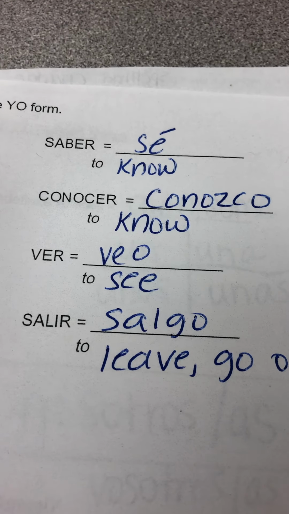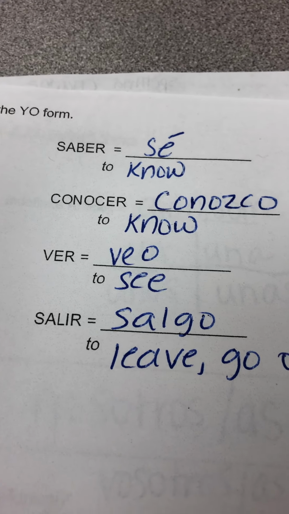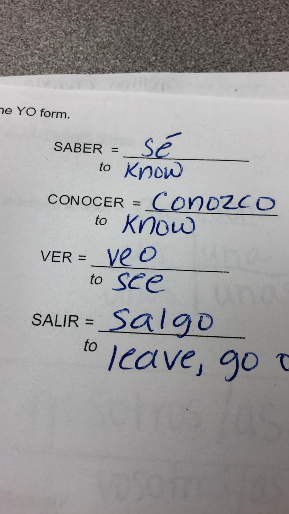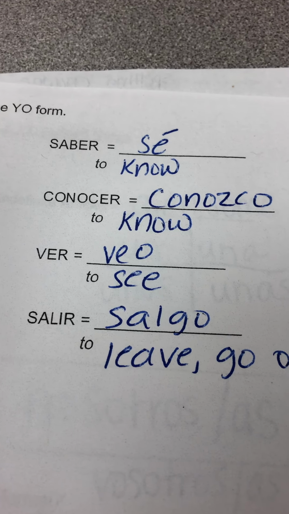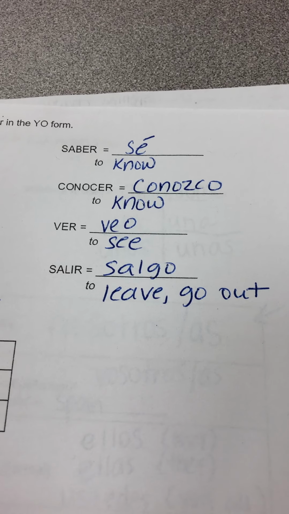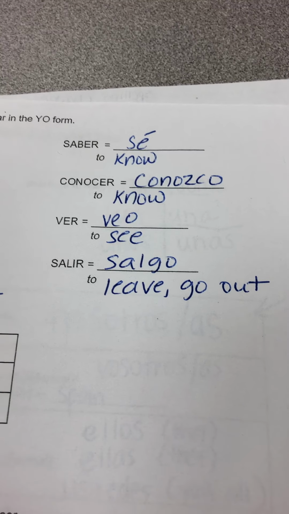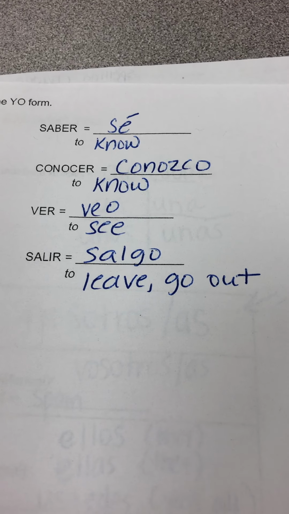Okay? Ver is veo. Pretty much it just keeps the E and adds an O. And salir, to leave or to go out, is salgo; it has a G in there. Instead of salo, salgo. So don't forget, all of these verbs are irregular only in the yo form.